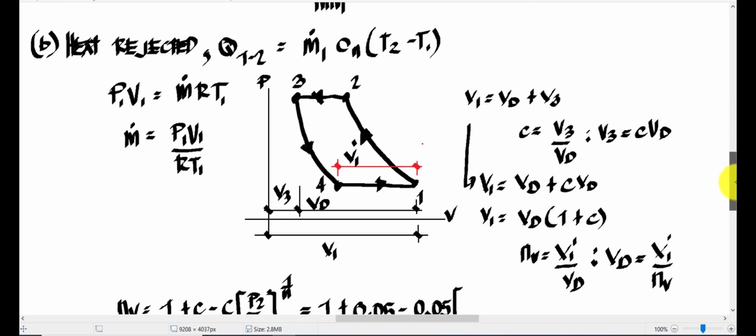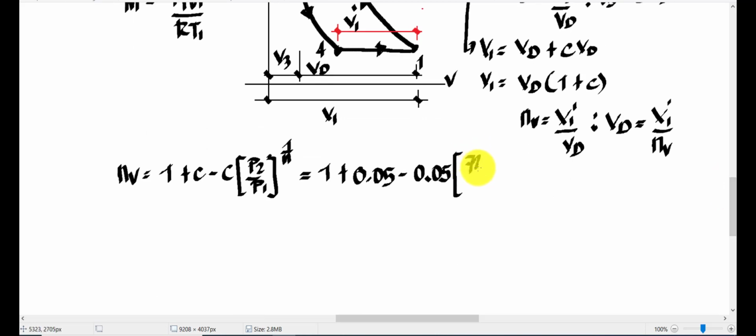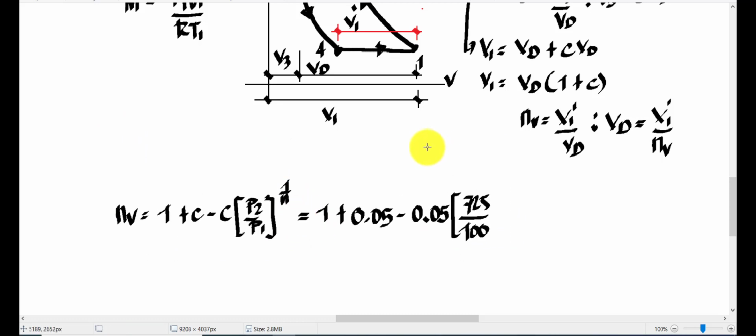So P2 will be 725 divided by 100. Okay. So I just have to move this going down so that we can have an extra bigger space to compute. Then we close the parenthesis and raise it to the exponent of 1 over 1.3. Now, let's try to use our calculator.